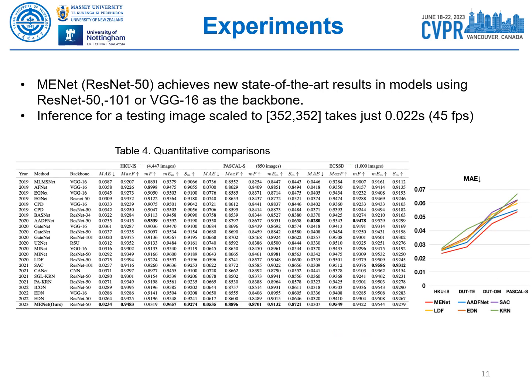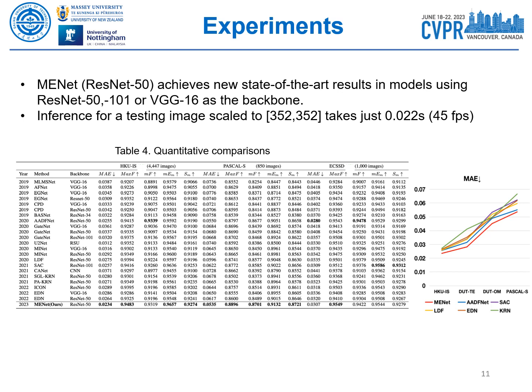MENet has the overall best results on 3 benchmark datasets except ECSSD. MENet with ResNet 50 outperforms SOD methods using ResNet 101 or VGG16 as the backbone by a large margin on 3 datasets.